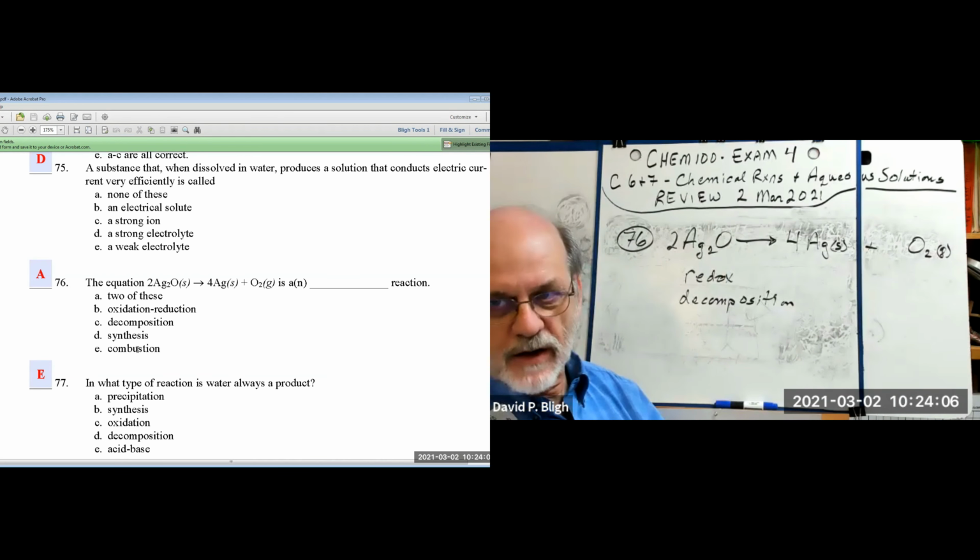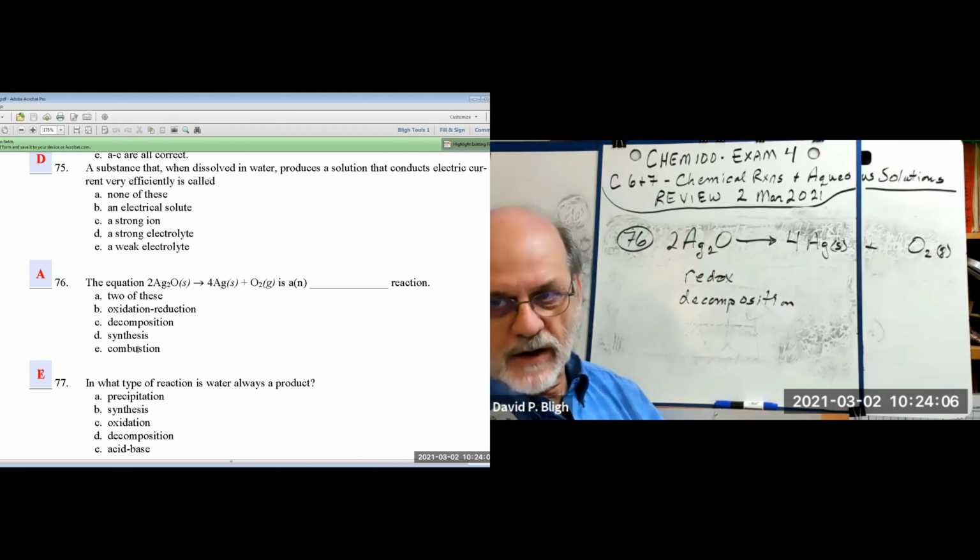In what type of reaction is water always a product? Acid-base. Every acid-base reaction produces water. In fact, the production of water for every acid-base reaction is the driving force. Remember, we mentioned that at the very beginning of this chapter 7.